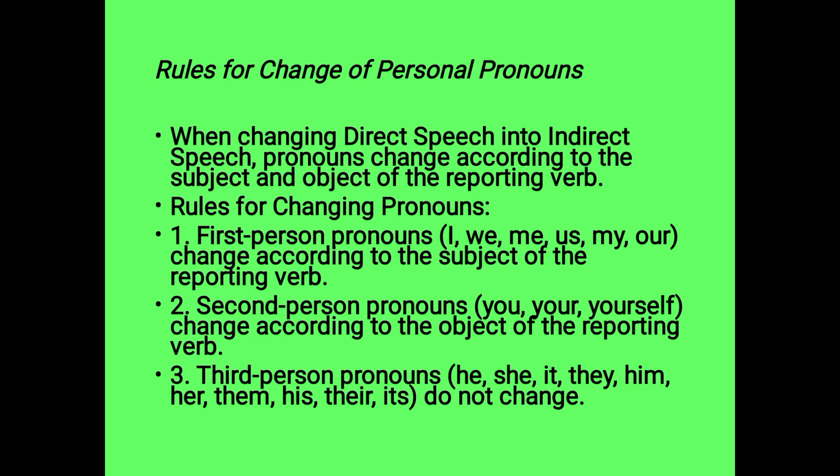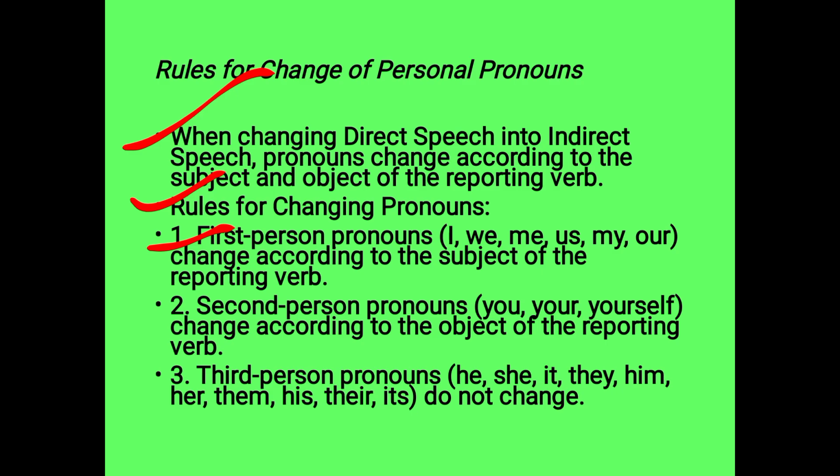Now we are going to learn the rules for changing personal pronouns. When changing direct speech into indirect speech, pronouns change according to the subject and object of the reporting verb. Rules for changing pronouns: first person pronouns such as I, we, me, us, my, our change according to the subject of the reporting verb.